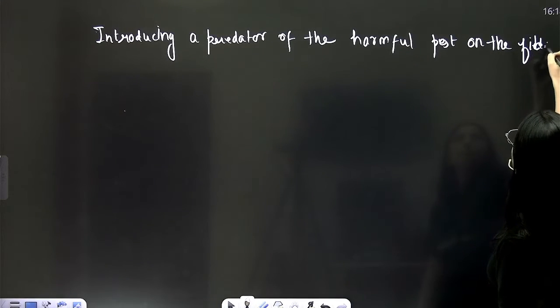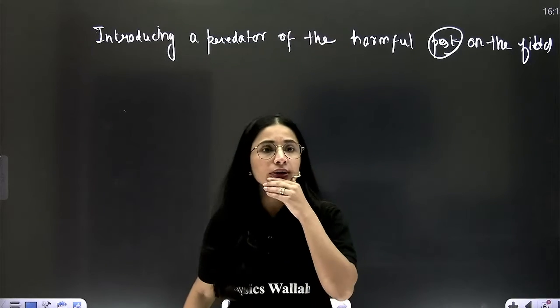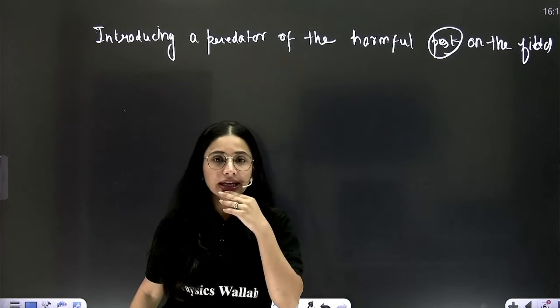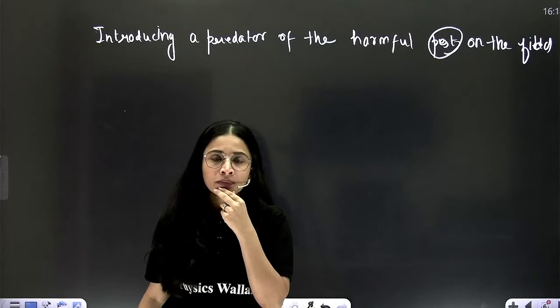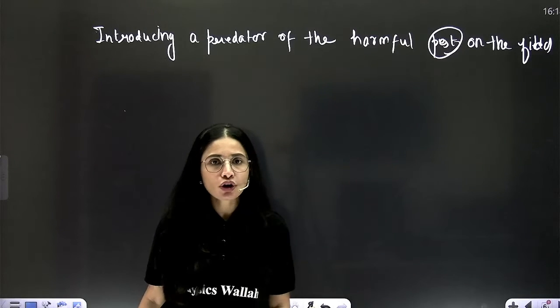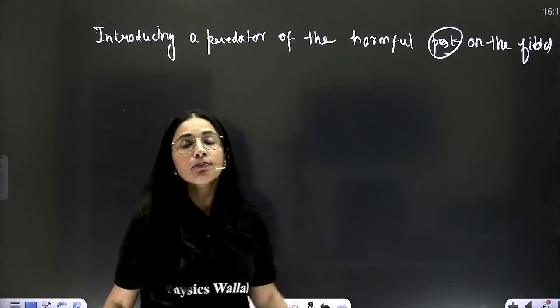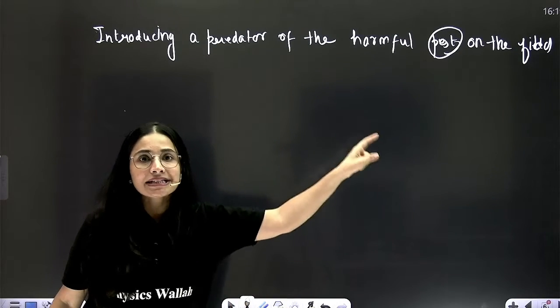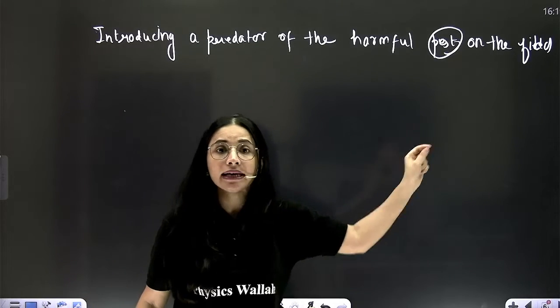That pest which is harmful for your crop, you don't want to eradicate it completely by using insecticides and pesticides. But parallelly, if you don't do this, then these pests are going to harm your crop, and you don't want that to happen either. So how will you control the population of pest in your field? By simply introducing its predator in the right number and at the right time.